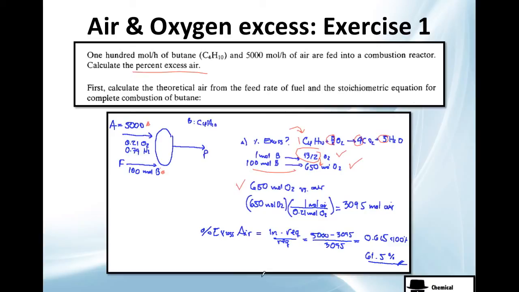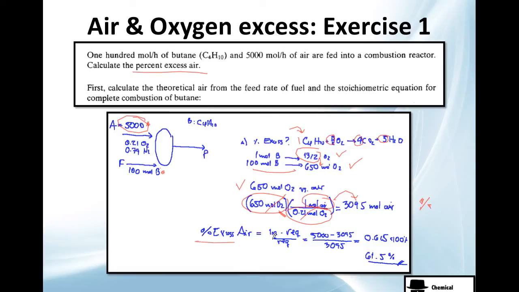Let's calculate the theoretical moles of air needed. So we know 1 mole of air contains 0.21 moles of oxygen, and we have 650 moles of oxygen. We just need to multiply, and you will find out that you only need 3095 moles of air, which is a little bit less than the 5000 we're feeding, so we are definitely going to have an excess of air.